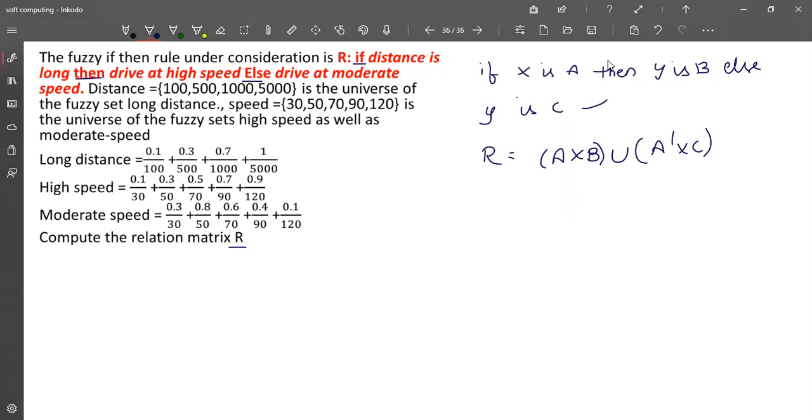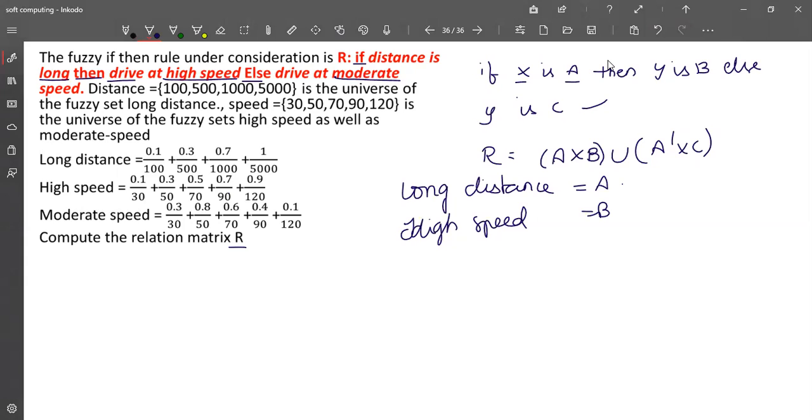So, if we observe the question, x is distance and A is long, so long distance will be our A. y is drive, and high speed will be B, and obviously C will be moderate speed. These are already given, right?